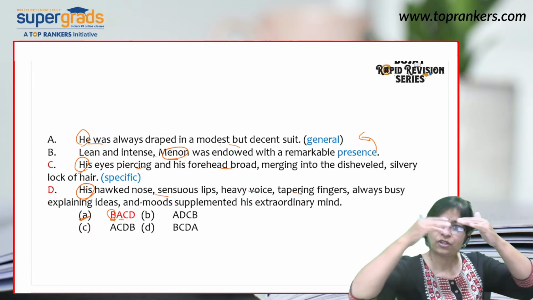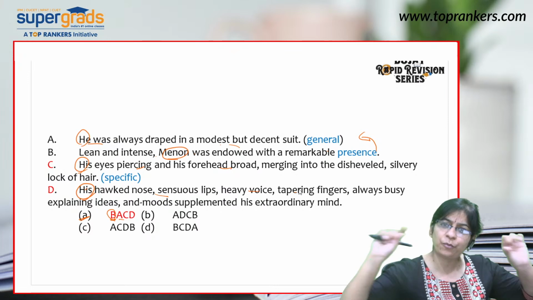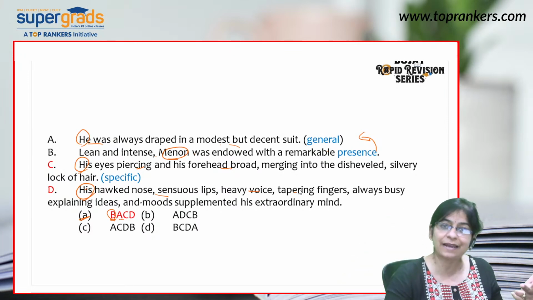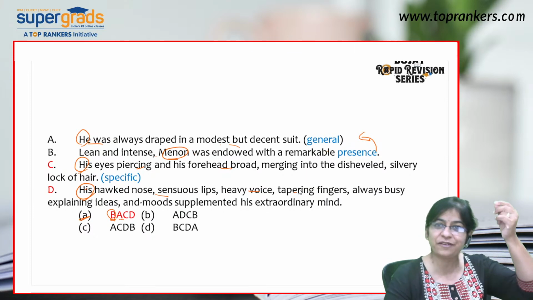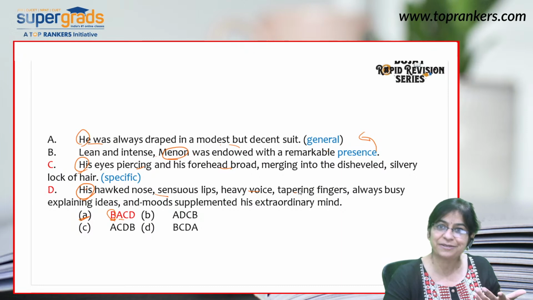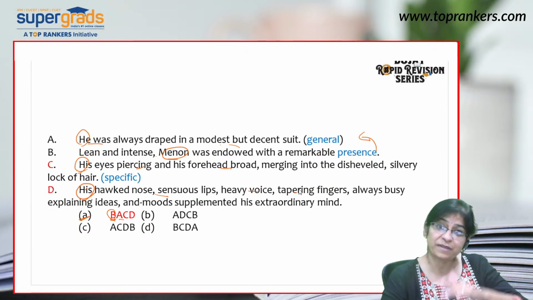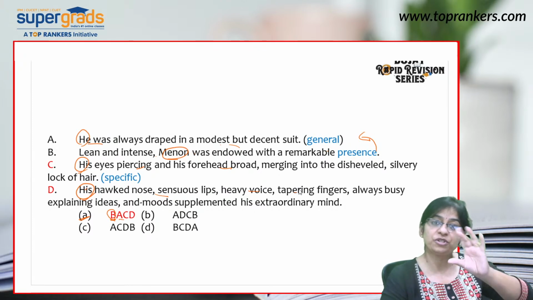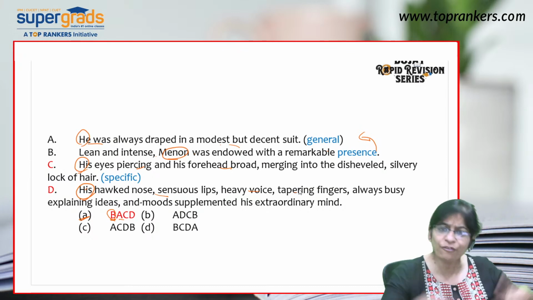The first two statements were very broad, generic statements about his overall presence. And C and D talk about only eyes, only forehead, only hands, only fingers, and only his mind and other parts of the body. This is how the general to specific rule works. You put the generic statements first, the overall appearance first.